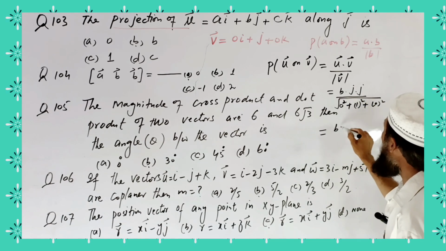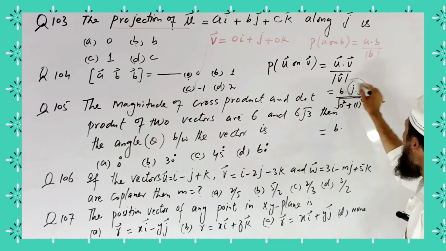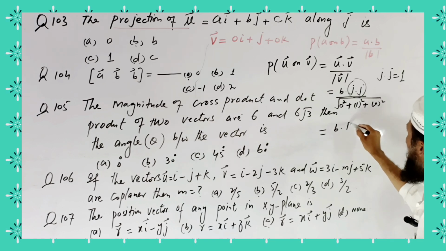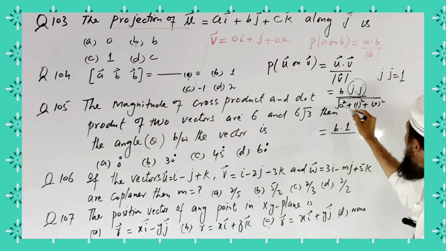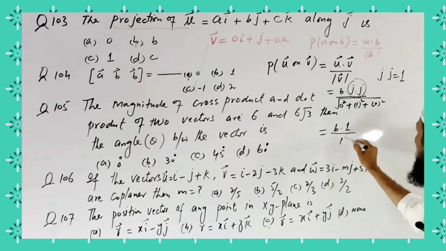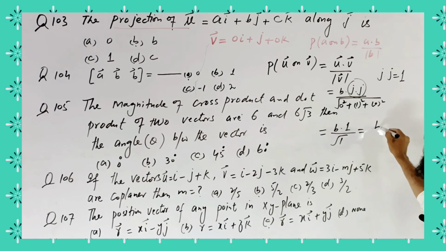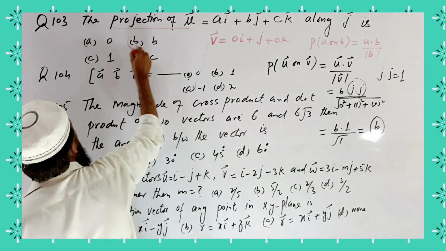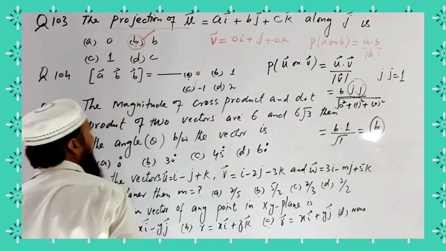So the result will be J dot J. We know that J dot J is equal to 1. So we get 1 on top, and below the square root of 0 squared plus 1 squared, which is 1. So we get the result B. B is the correct option, the correct answer.